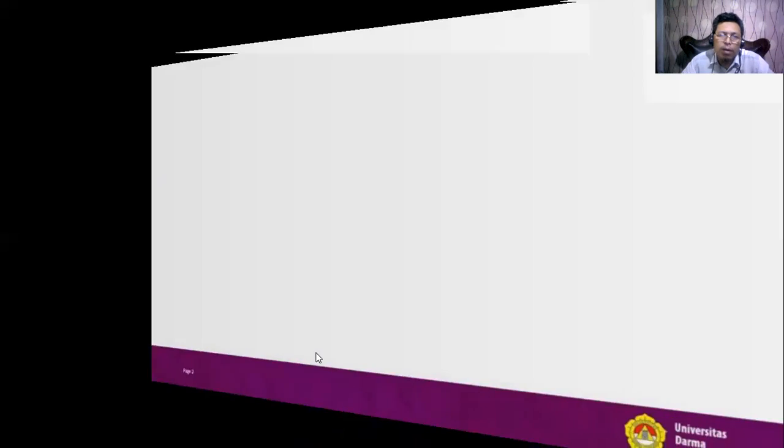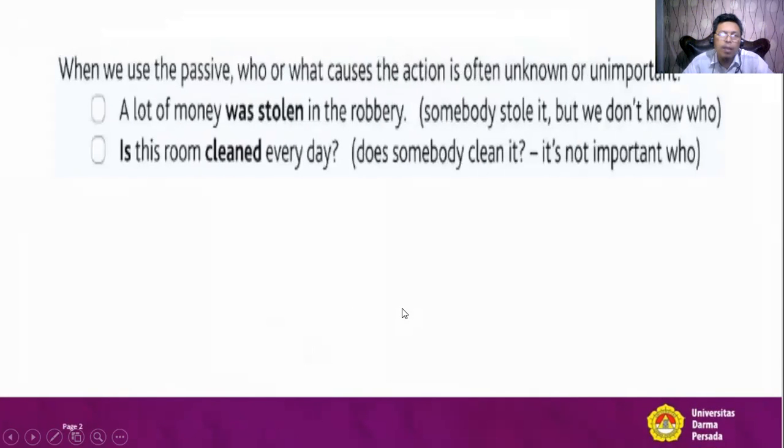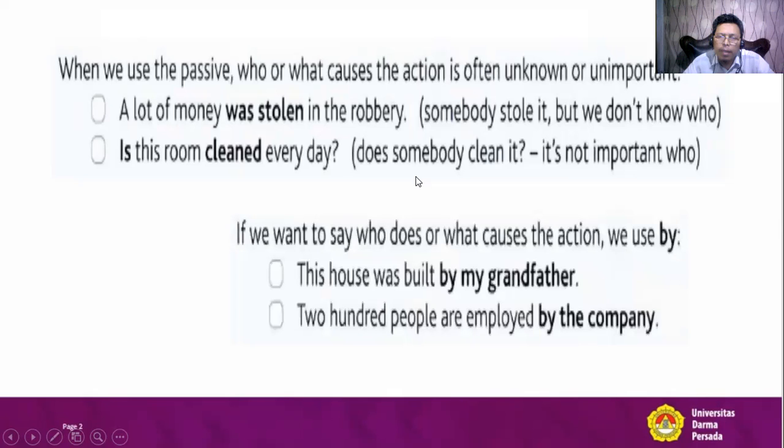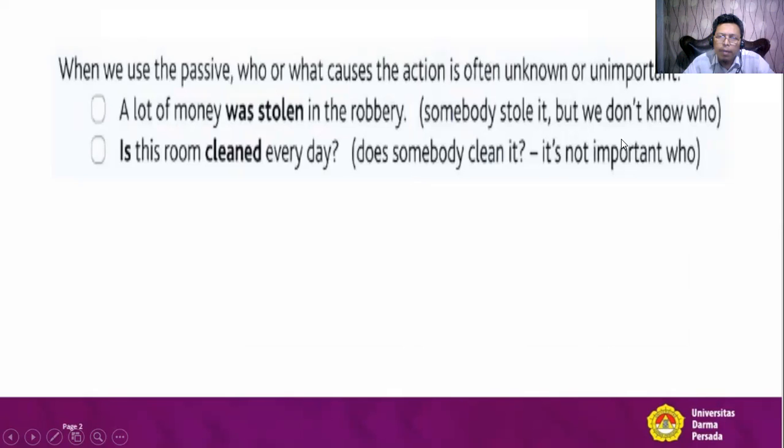Okay, everybody, we go on. When we use the passive, who or what causes the action is often unknown or unimportant. I repeat again. When we use passive, that means who or what causes the action is often unknown or unimportant.